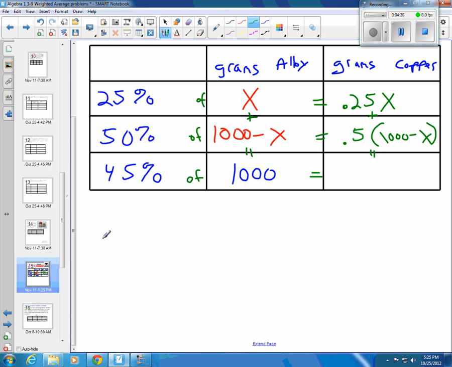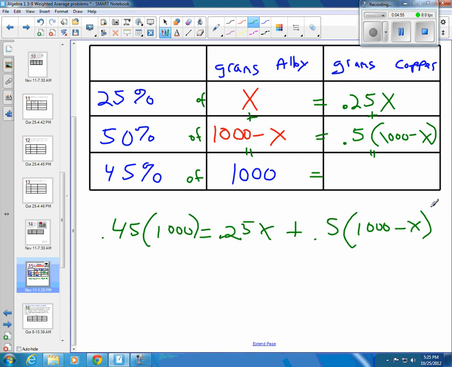So I can write that as 0.45 times 1,000 is going to be equal to, and then come down, that's going to be 0.25x plus 0.5 times 1,000 minus x. And now we have our equation with one unknown, our x variable.